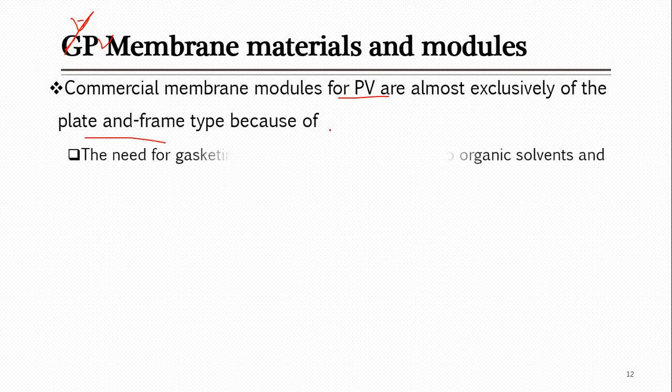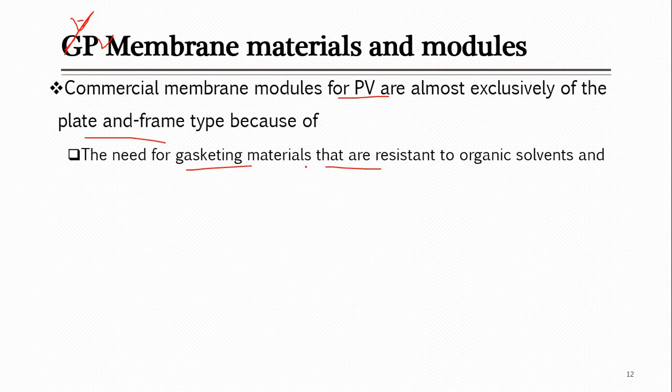The first reason is that you need gasketing material here, and the materials which you are using for gasketing should be resistant to the organic solvent. As you know, in pervaporation we are using the vacuum, and in order to maintain that vacuum, definitely you will need gasketing. Gaskets are structures which are used to avoid leakage.